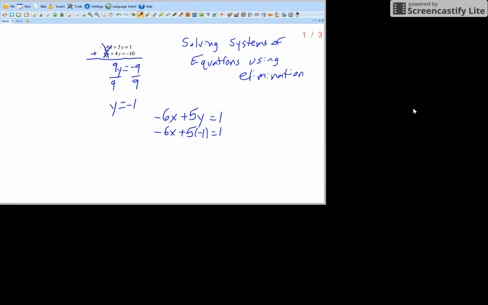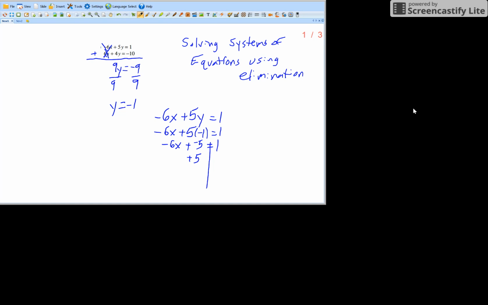Now we're going to solve for x using our two-step equation solving method. -6x plus 5 times -1 is plus -5, equals 1. Now I'll draw a line down the equal sign, and I see a plus -5. So to get rid of that, I add a +5.